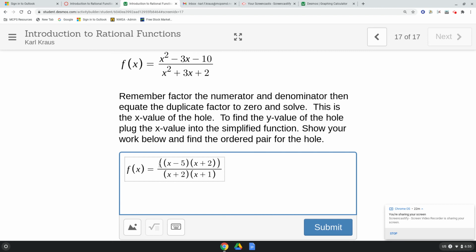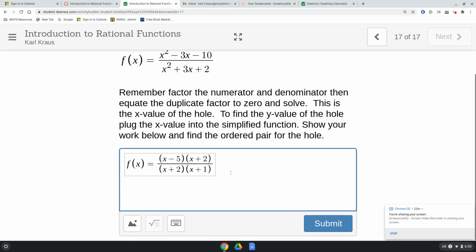Now I can take these parentheses away here. So we take the like factor here, x plus 2, equate it to 0, because that's the like factor.